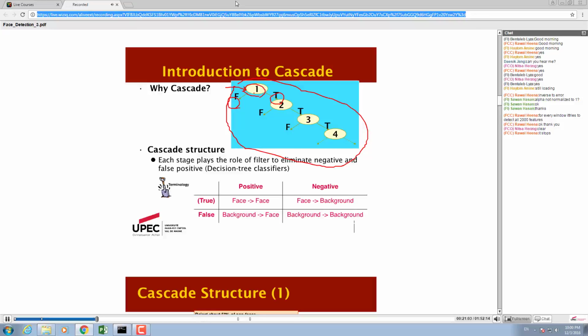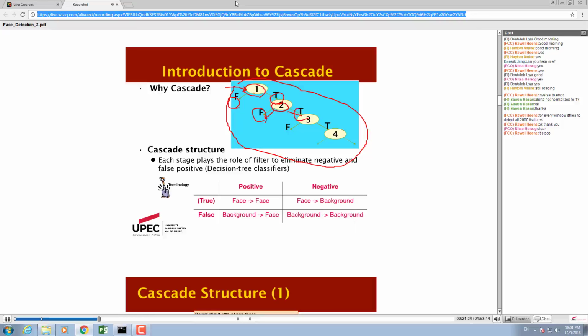In case of false, then we don't need to process anymore. And in case stage 1 says true, yes, then we have to process more with stage 2 in the next stage. So stage 2 tries to classify again, and stage 2 also can make the determination. Oh, it is not a face. Then stop, it is false.